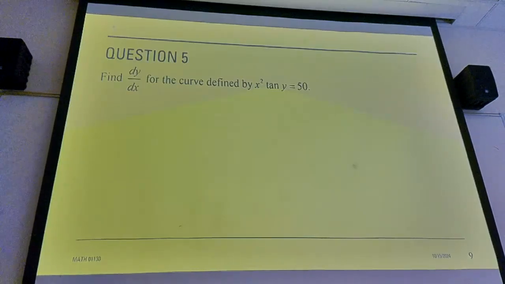d/dx of the left-hand side. Squared of y times dy/dx.